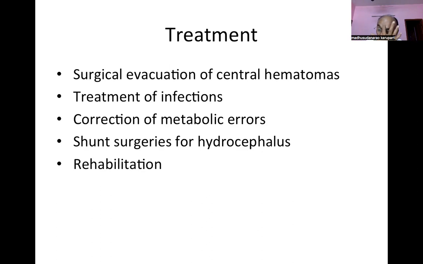And shunt surgery should be done in the patients with hydrocephalus. And after recovery, the patient should be subjected to rehabilitation in order to improve the functional capability of the patient to carry out a normal lifestyle.